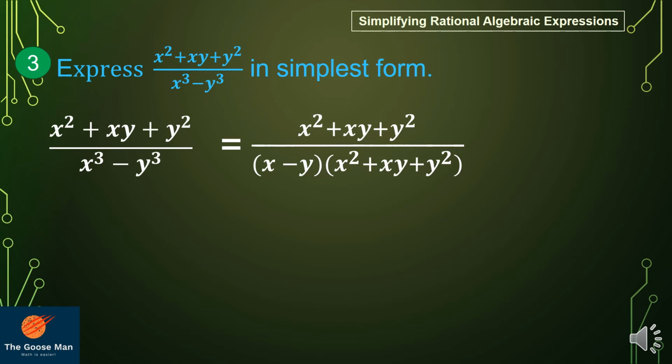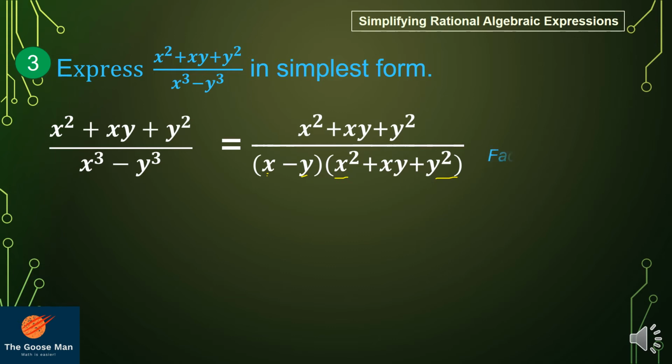Next, on our trinomial, we will have x times x, so we have x squared. Then y times y is equal to y squared. Next, the middle term is x times y, which is xy. We will get the opposite of the sign in the binomial. So that's why we have positive xy.